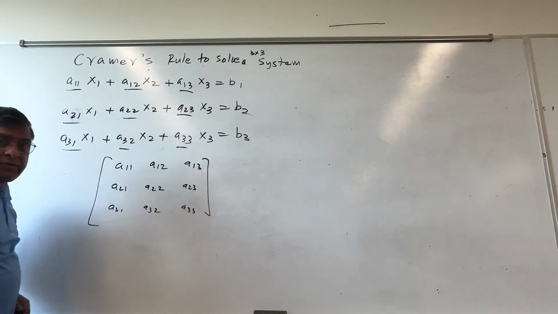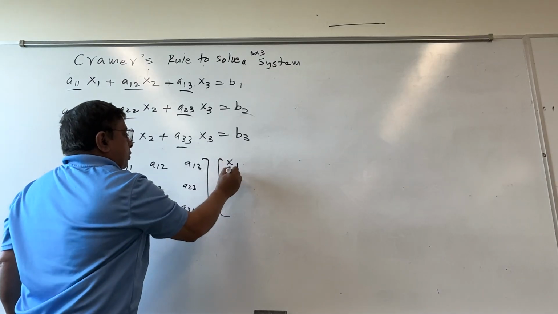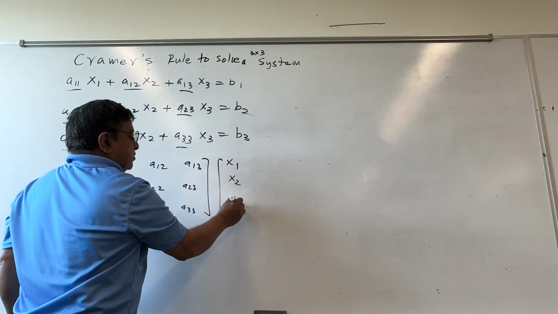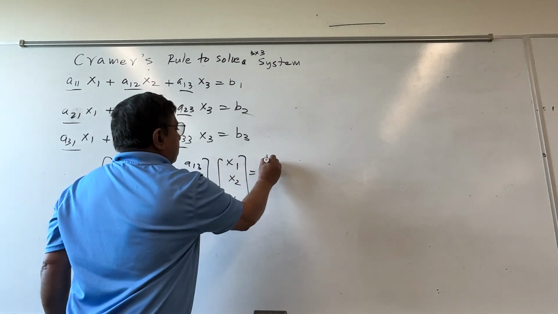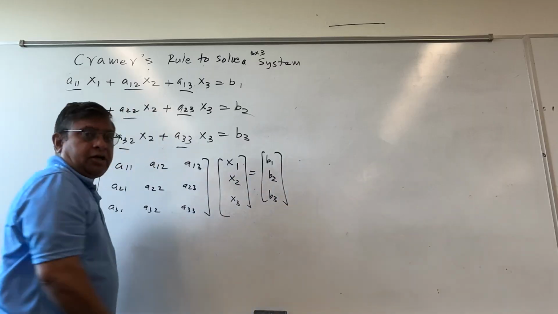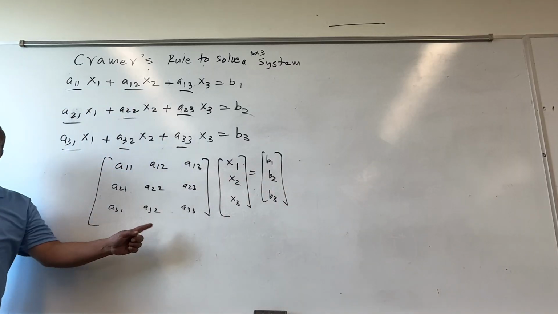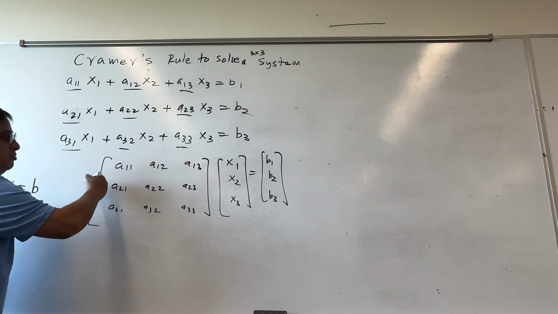That's your coefficient matrix, and your variable vector is x1, x2, x3 unknowns, and you have output b1, b2, b3. Okay? So this is your matrix equation. If you want, you could also write this as Ax equals b, where this is your matrix A.